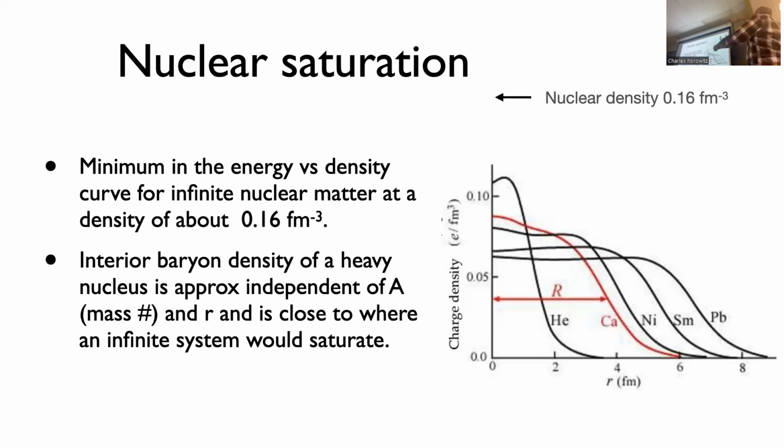Here are charge densities. We can model independently and very accurately measure the charge density of various nuclei. Helium is a really light nucleus, then calcium, and so on. Lead I'll talk about a bunch. So those are the charge densities, and they don't really saturate very well.